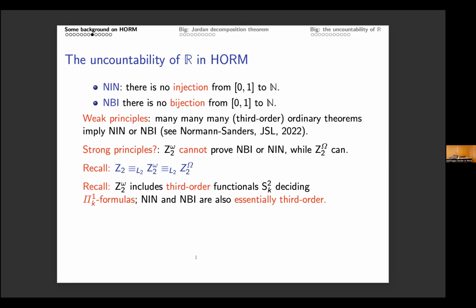And NIN and NBI are also third order because you say for all mappings from the reals to N, which is a third order statement. So we're comparing apples and apples here, or oranges and oranges. Now, Z2 little omega can't prove it. Z2 big omega can prove it. And so this weak principle would be at the level of Z2.